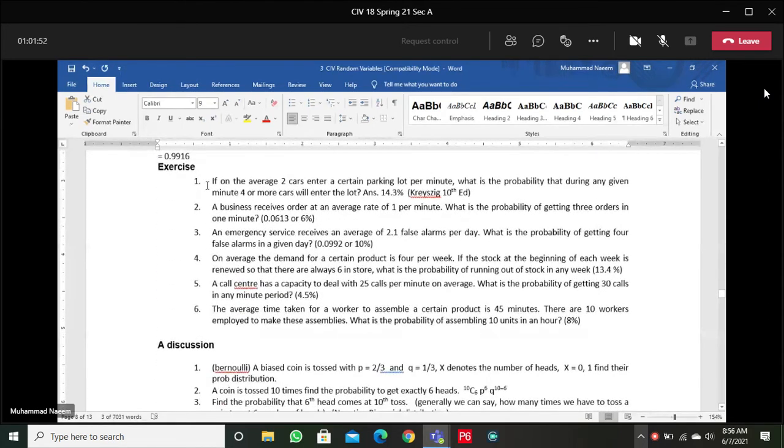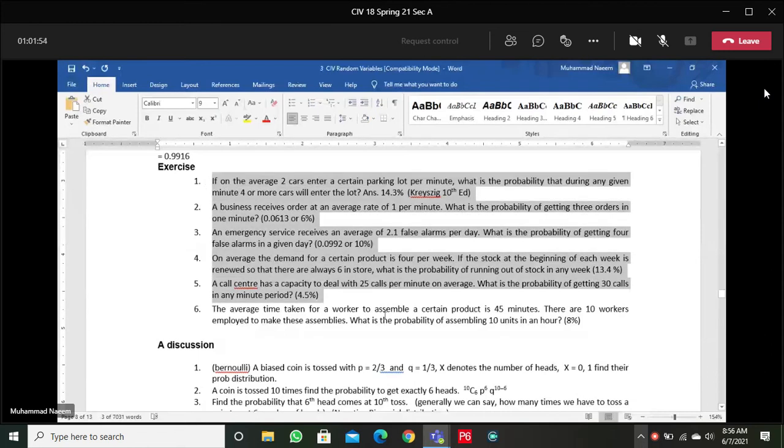Try these problems also. One more thing I need to help you with: if you could not find a solution for any unsolved problem, try to find a solution. These problems are from well-known books.